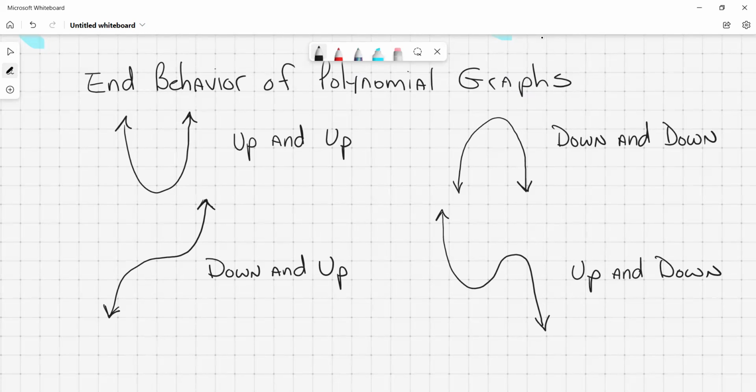All right, so we're going to draw a table now. And this table is going to allow you to look at the leading term of a polynomial and determine the end behavior of its graph. Got it?